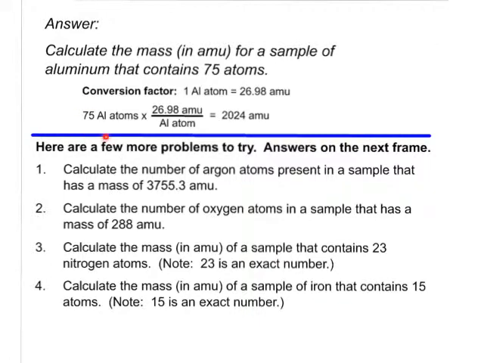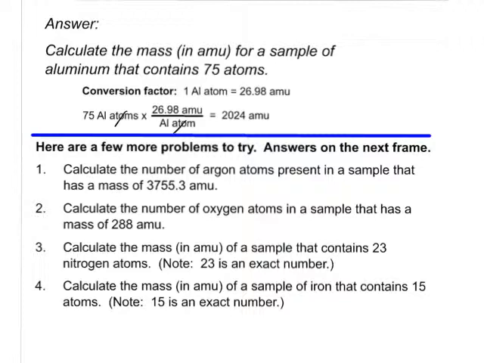Let's start with 75 aluminum atoms. We're just doing this in reverse. Start with the number of atoms, multiply by our conversion factor, 26.98 atomic mass units per aluminum atom. The atoms cancel out, and we end up with 2,024 atomic mass units for the answer for our problem.